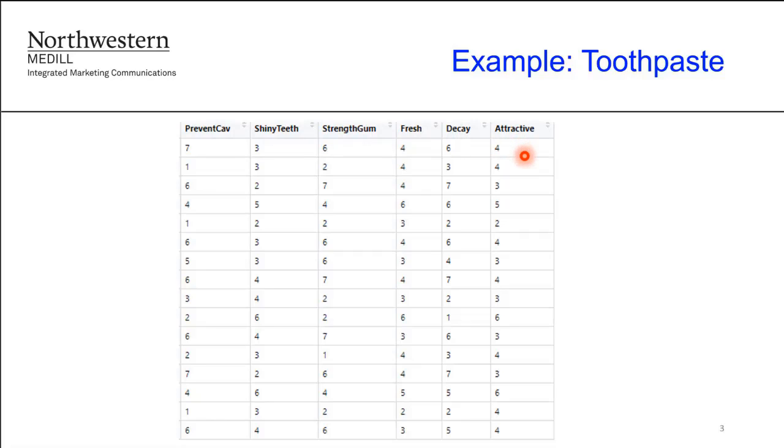This is the survey data, so the consumers rate these individual characteristics of the toothpaste. It looks like it is measured on a scale of 1 to 10. So this is how the data looks.